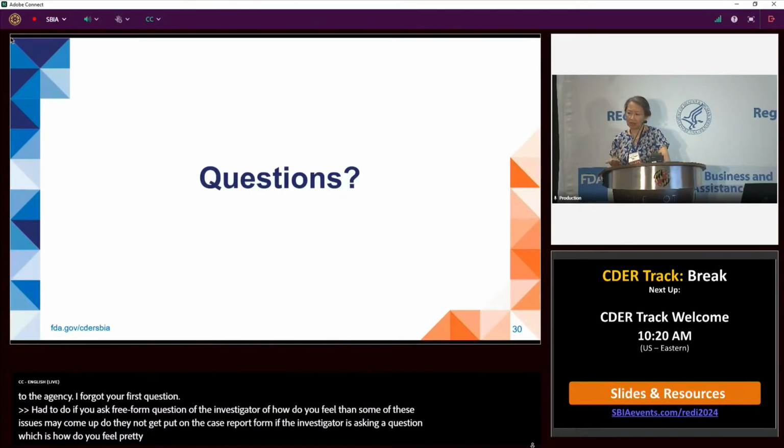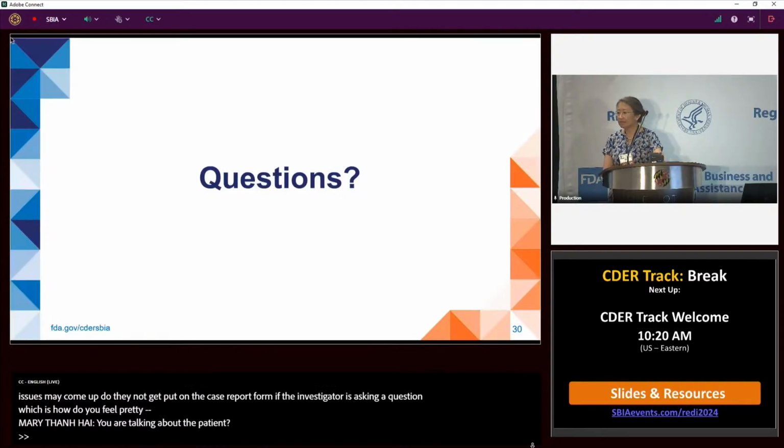Or you're talking about the patient? The patient. The investigator asks how you feel, and the patient writes down some of these things that are not part of data collection. They go into some other. Are they not then reported, or are they just in the case report form at that point? We've limited reporting on some of the adverse events I've worked on. I'm just curious how you manage that.